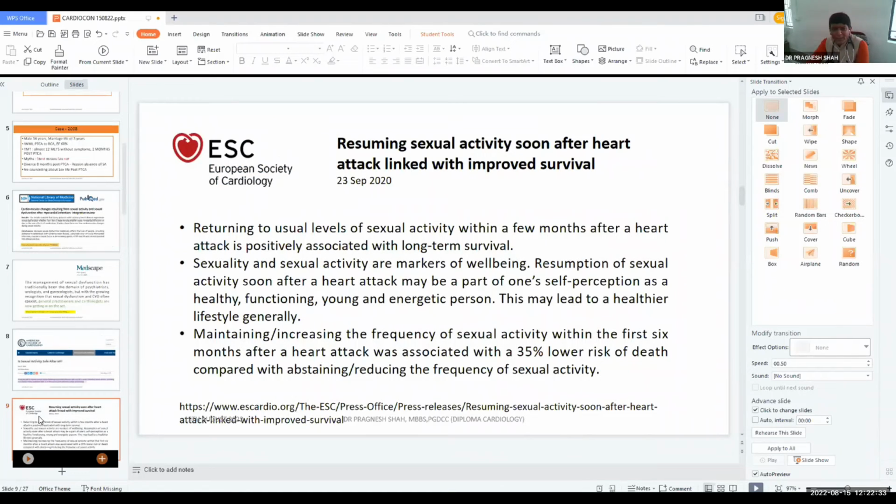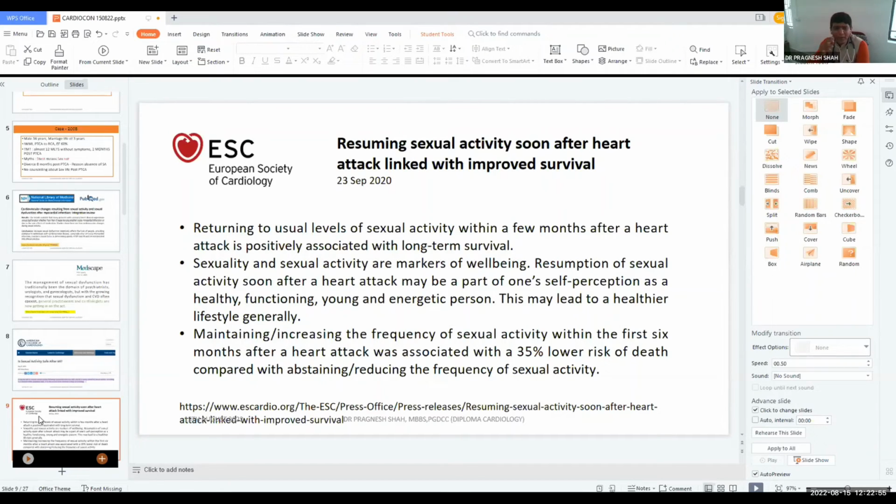In September, a paper on resuming sexual activity soon after heart attack linked with improved survival concluded that returning to the usual level of sexual activity within a few months after a heart attack is positively associated with long-term survival. Sexuality and sexual activity are markers of well-being.